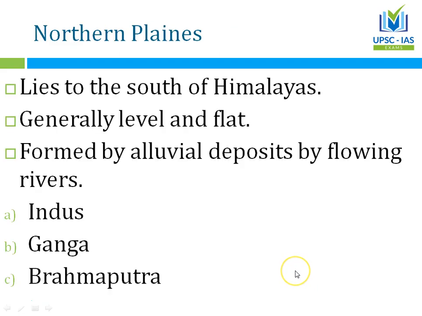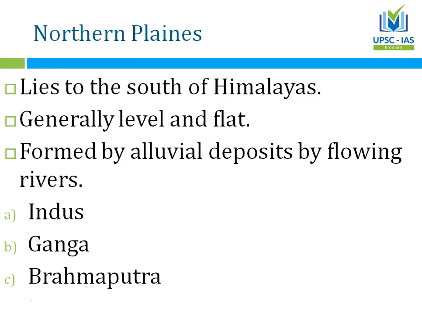Now, before moving ahead, I would like to throw you a couple of questions. Imagine that this part is flat and level and formed by alluvial deposits. So we know that alluvial deposits are good for agriculture, right? You can get the maximum out of your agricultural field because the land is fertile.